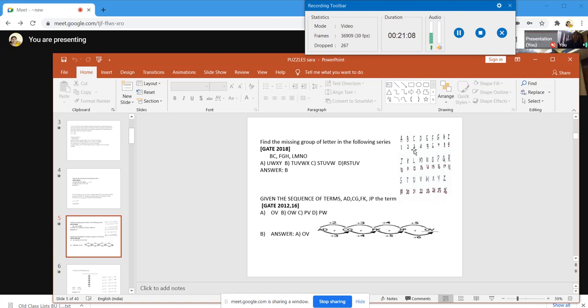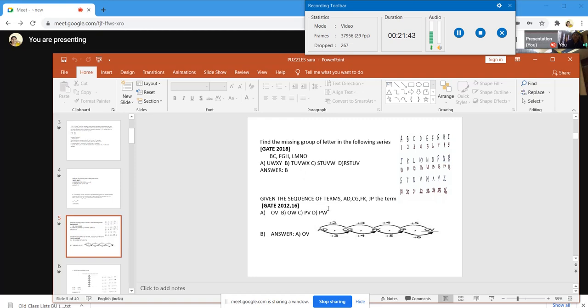BC is in the place of 2 and 3, and then they left 4, 5, again they come to 2 left. Then they come to F, G, H, and then 3 left, I, J, K is not there, then they have given 4, L, M, N, O. Then next we have to leave 4, P, Q, R, S, just leave 4 letters and then start with T, and that should form 5 letters: T, U, V, W, X. So this is your answer. B is your answer.